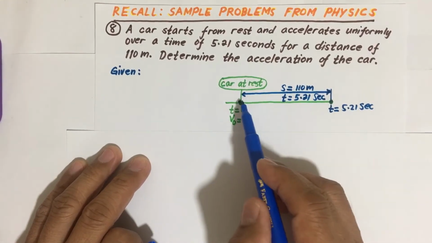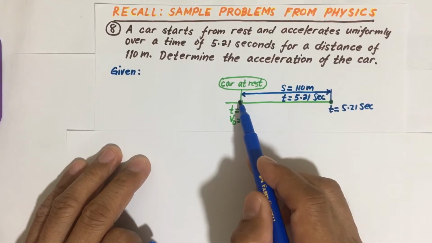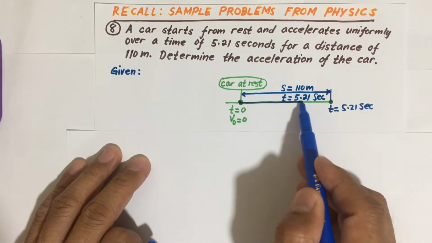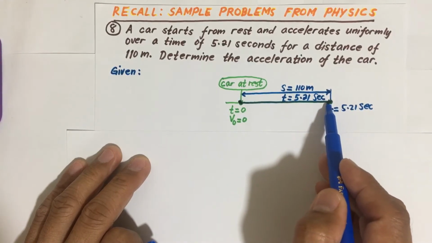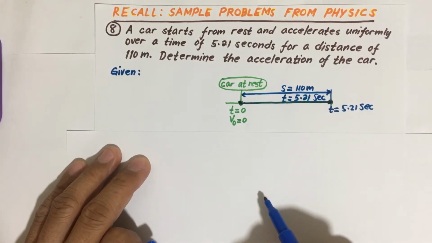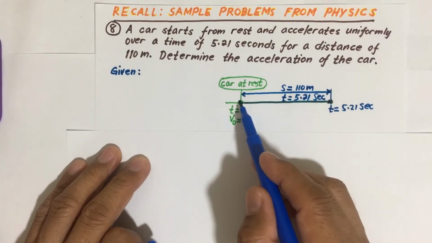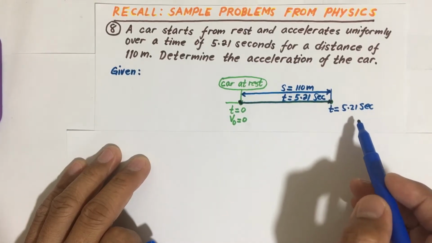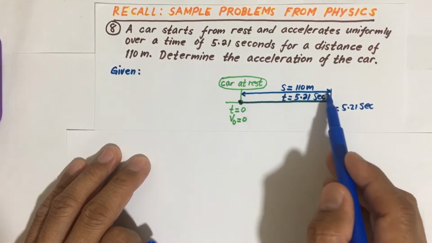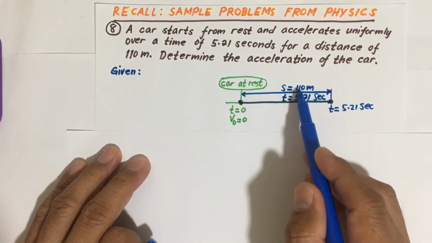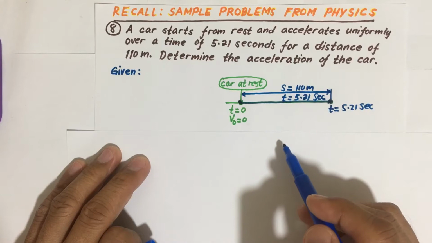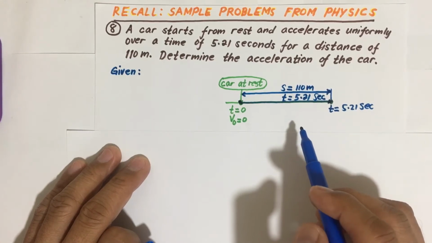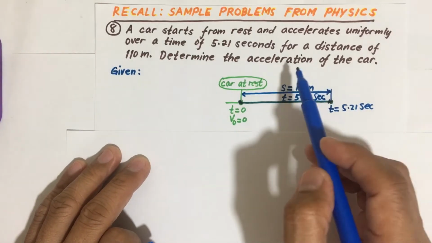Assuming that the car accelerates in this direction, the time spent to reach from this position at rest is t equal to 5.21 seconds, traveling this total distance of s equal to 110 meters. So now we are asked to determine the acceleration of the car.